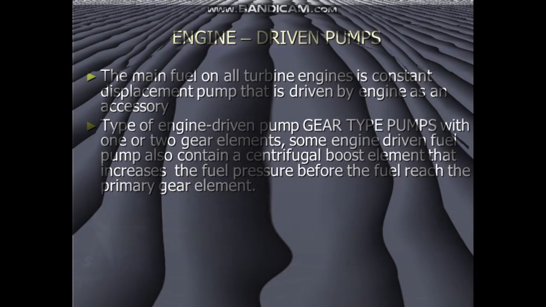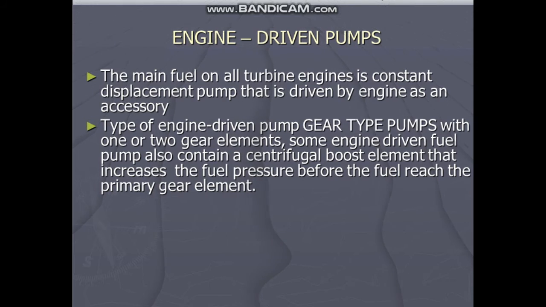Engine-driven pumps. The main fuel pump on all turbine engines is a constant displacement pump that is driven by the engine as an accessory. Types of engine-driven pumps are gear-type pumps with one or two gear elements. Some engine-driven fuel pumps also contain a centrifugal boost element that increases the fuel pressure before the fuel reaches the primary gear element.